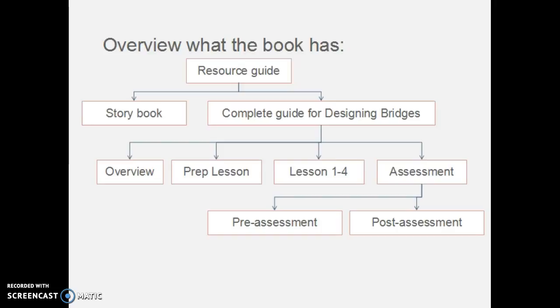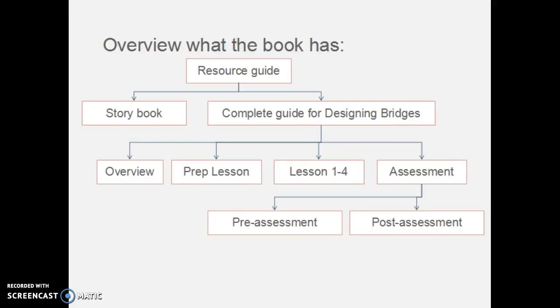Okay, the first thing I'm going to address here is how would you describe the curriculum unit to another teacher? This is the outline of the book which we are assigned to read. The first part is a resource guide, and it is divided into two: the storybook and a complete guide.